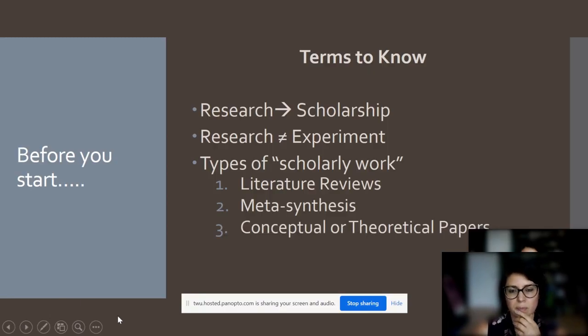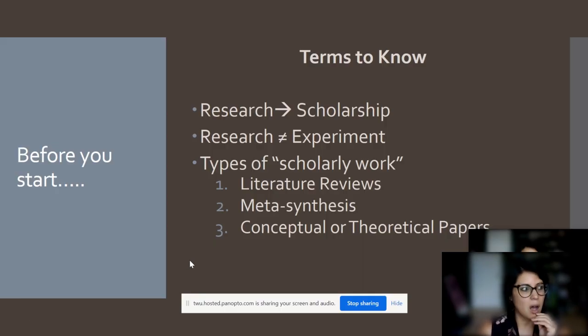The other kind of scholarship literature that you might run across are called conceptual or theoretical papers. Often these are the most interesting to read because they're not usually filled with statistical language.